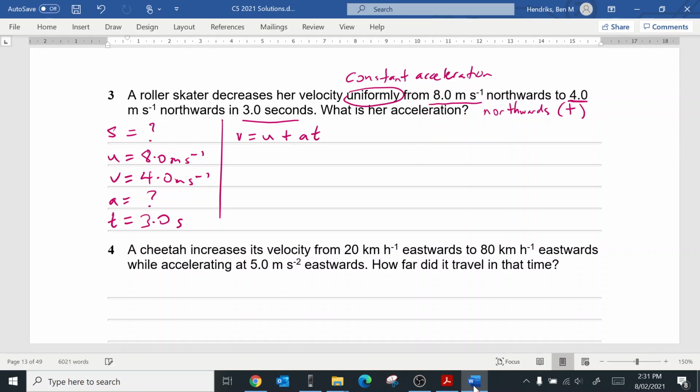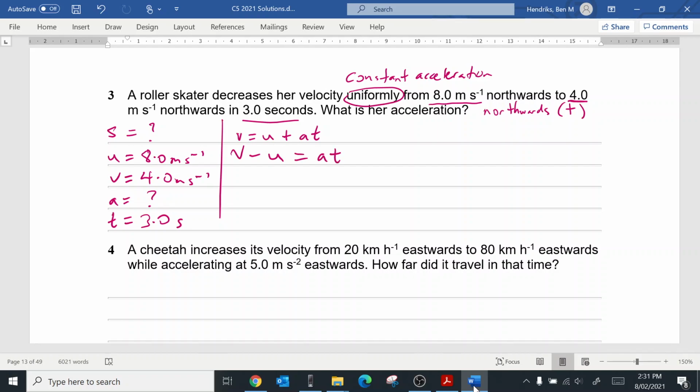But we're looking for A, so we want it in terms of A. So you can do this 2 ways. You can either rearrange the equation without putting the numbers in, or you can substitute the numbers in and then rearrange the equation. It doesn't matter either way. First off, I'm just going to rearrange it without putting the numbers in. So the first thing we need to do is subtract the U from both sides. So that's V minus U is equal to AT.